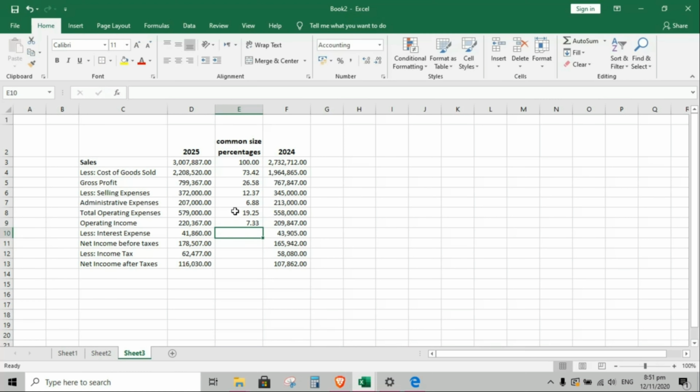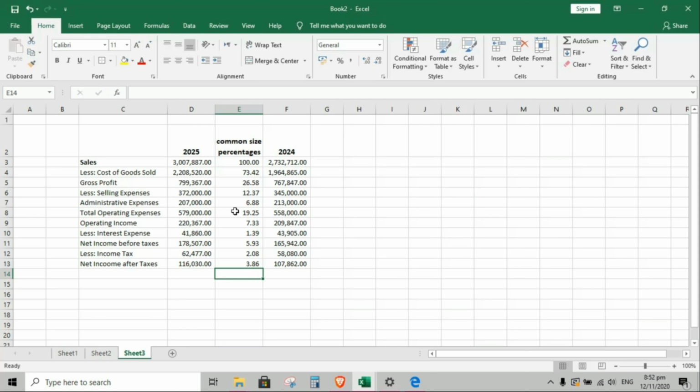And here is 1.39. And then 5.93, 2.08, and 3.86.